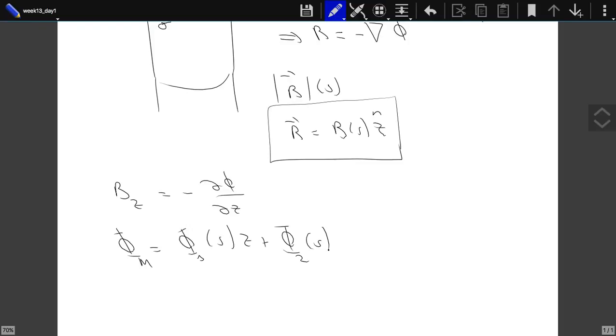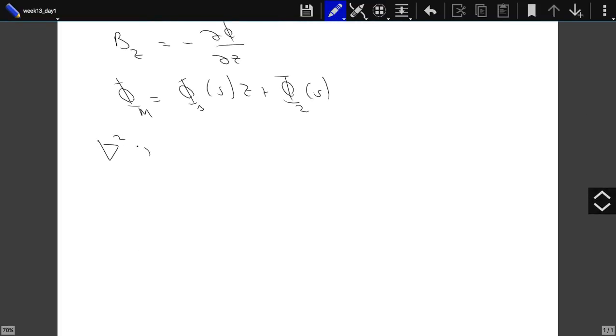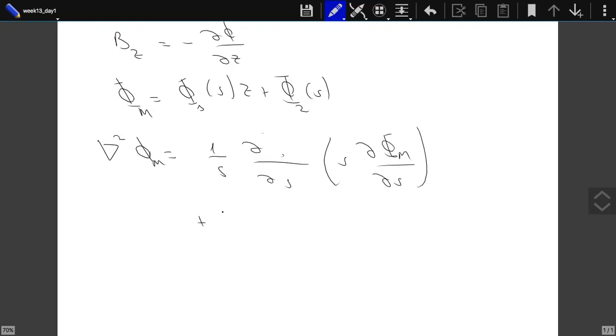In cylindrical coordinates, the Laplacian of phi_m would be 1 over S del by del S of S del phi_m by del S, plus del squared phi_m by del z squared. This should be equal to 0. Well, phi_m depends linearly on z, so the second derivative is 0 anyway. So this is also 0.